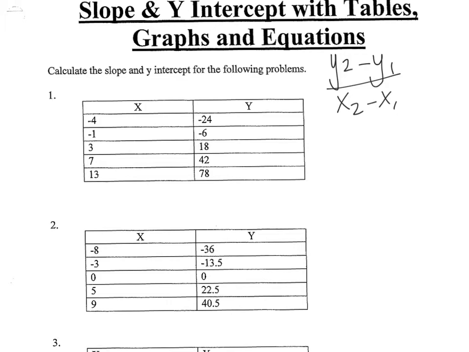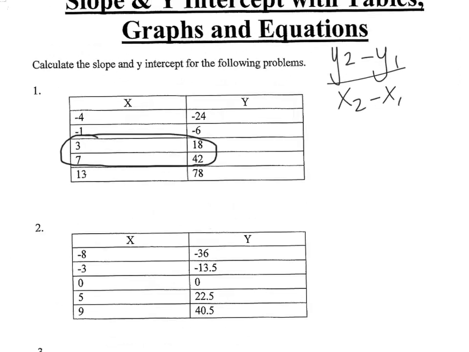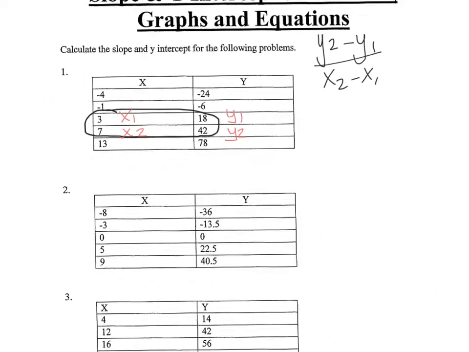And it doesn't matter which 2 points you pick, but if you can, pick positive numbers, because it works out a little bit easier and you don't have to deal with negatives. And however you want to label them, just remember it's always x and y. X and y. And so the first point was 3 and 18, so I'm just going to label those my 1s, since those were the first ones I had. And then plug in those numbers into your formula.